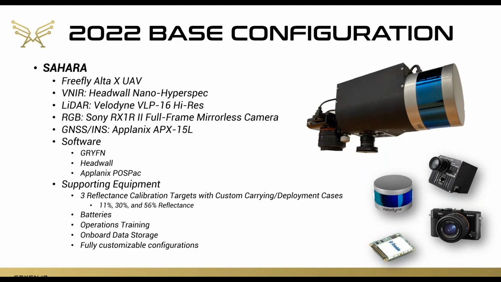But on the sensor side, as a standard configuration, we have the Veneer hyperspectral sensors from Headwall. We're using Velodyne VLP series 3D laser scanners, and then high resolution full frame mirrorless Sony cameras for that high resolution RGB imagery that Matt mentioned. And of course, we're using GNSS inertial solutions from Applanix in the APX15.